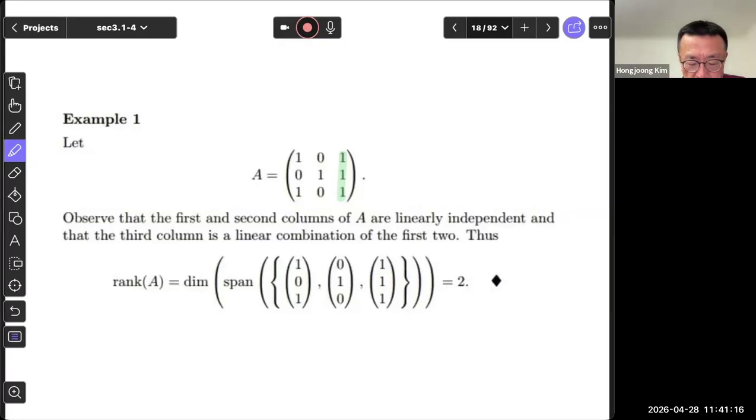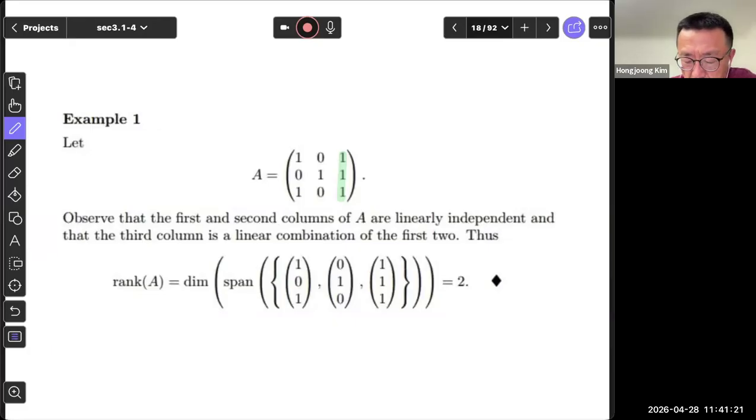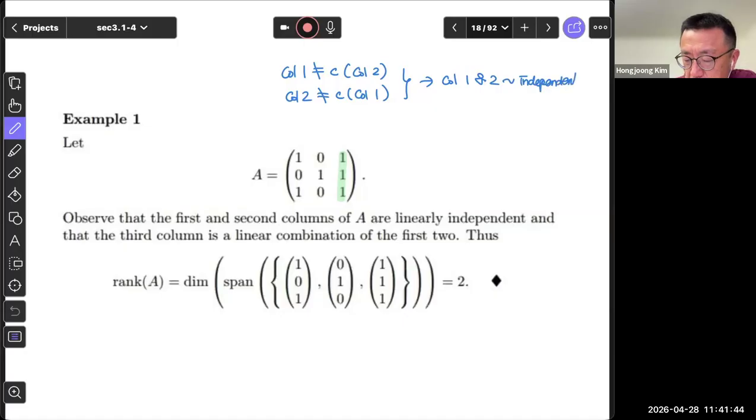Do you follow me about this? So column 1 is not a multiple of column 2, and column 2 is not a multiple of column 1. So these two statements show that column 1 and 2 are linearly independent. But column 1 plus column 2 will give you column 3.